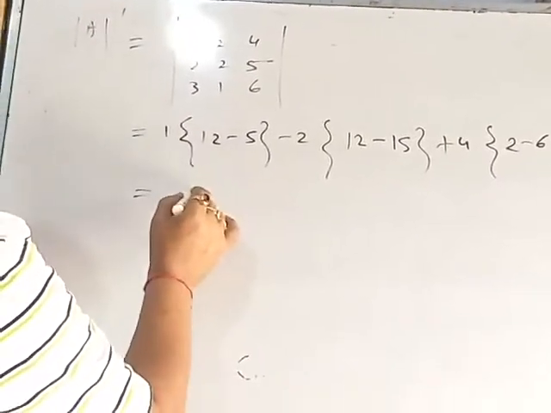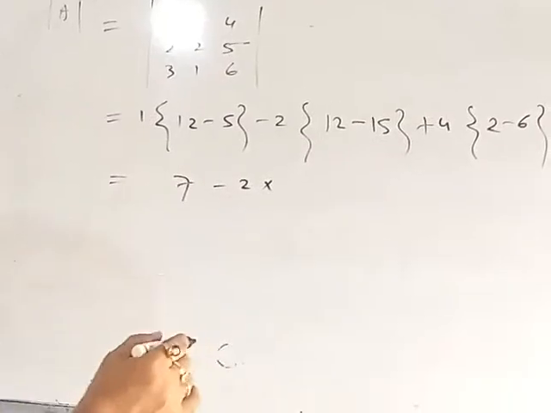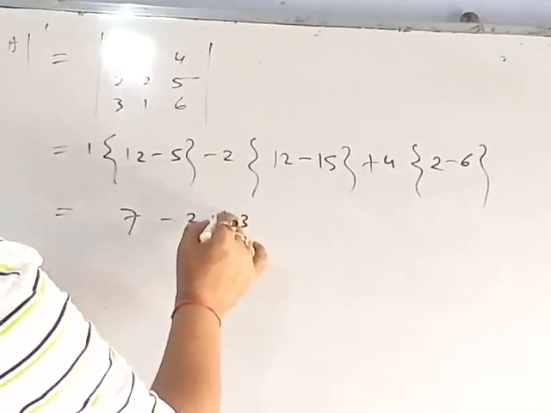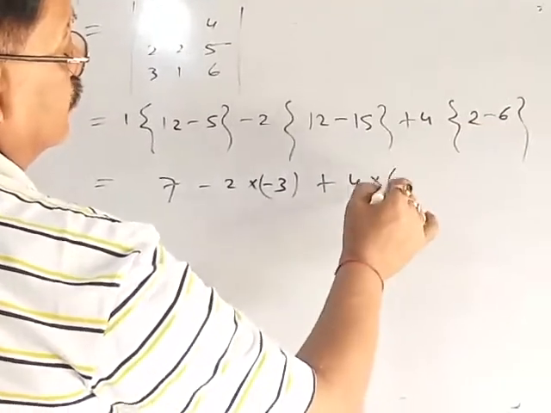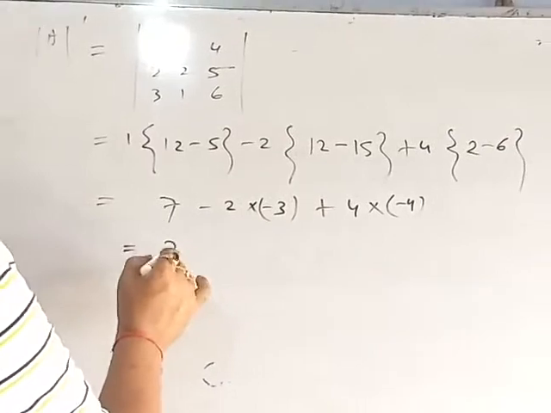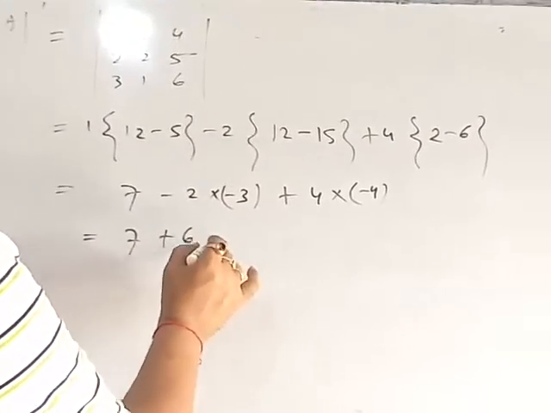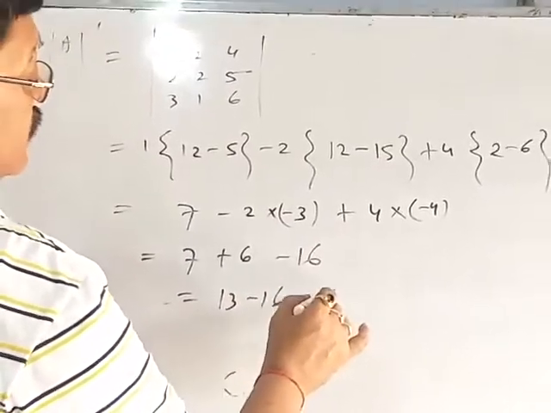So 12 minus 5 is 7, minus 2 times 12 minus 15, and 4 times minus 4 is minus 16.